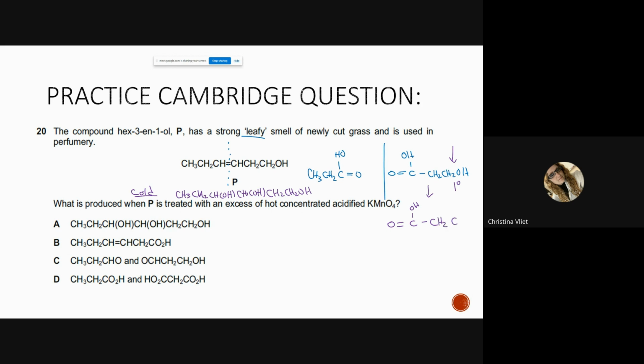CH2 and then COOH from here to here. So which answer is that? It's multiple choice. You didn't have to draw it all out. You could have taken A and B out immediately because you needed to have two products. So that gets you between C and D. This one says it stays at an aldehyde, and that's not true. So the answer has to be D.